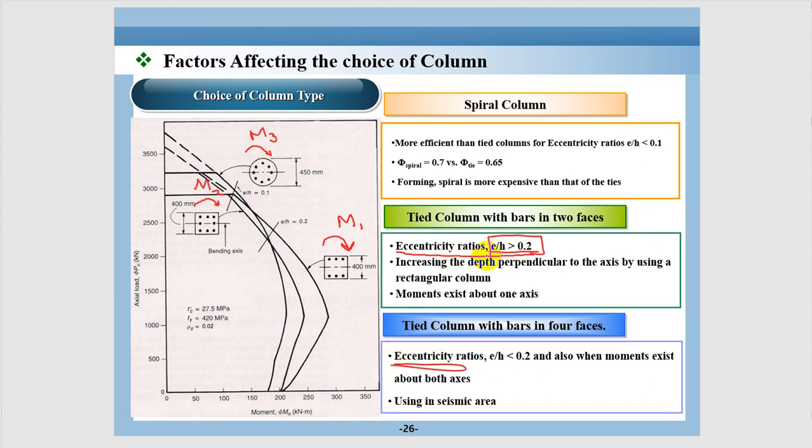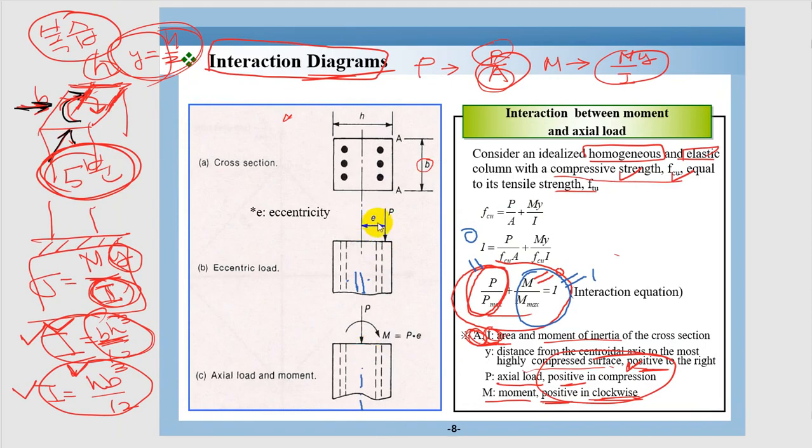Here, eccentricity, E over H, can be 20%. What is E? Eccentricity, if you remember. This is its eccentricity, and this is H. So the E over H ratio is the ratio of how effectively you can resist moment.